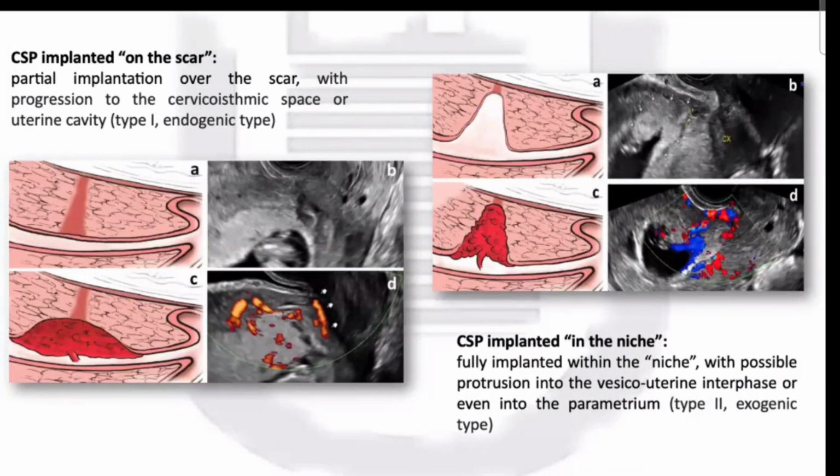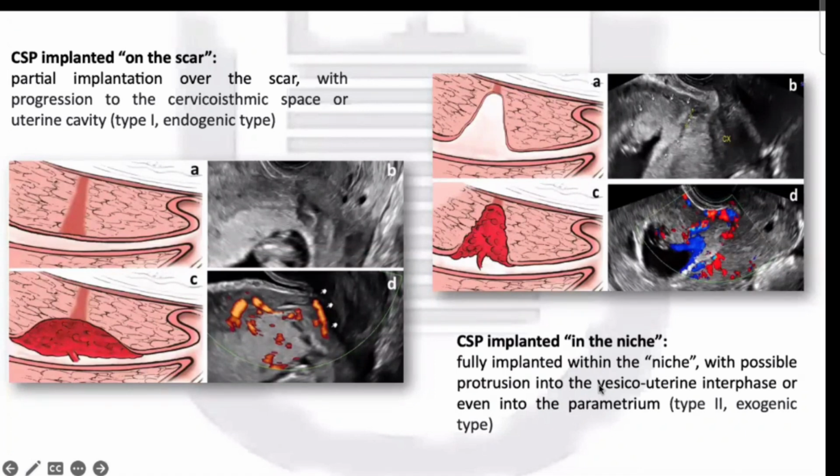So you can understand that we have two types of cesarean scar pregnancy. The one in which we have a myometrial thickness that is quite good, and we have an implantation that is only partially inside the myometrium and in the cervical isthmic space.